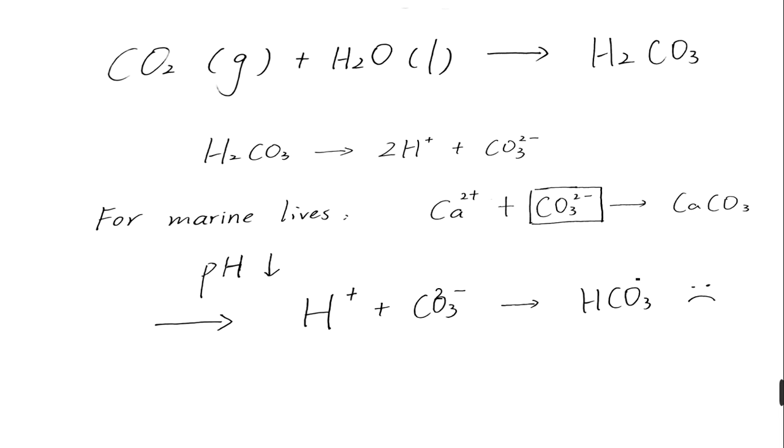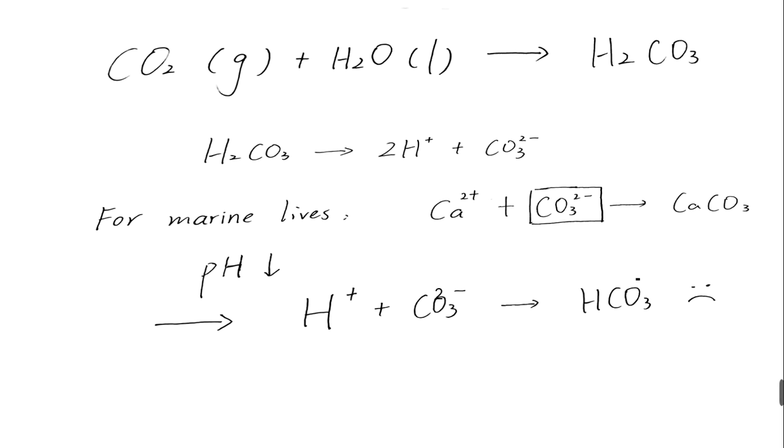But here come problems. With the increasing carbonic acid and hydrogen ions, the pH of the ocean is continually going down, and the hydrogen ions will be prone to react with carbonate ions to make HCO3, which means there is less carbonate ion supply for marine life.